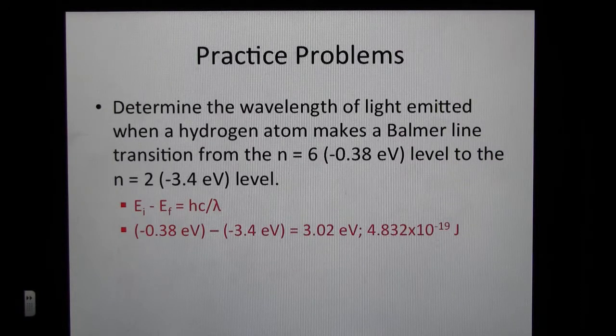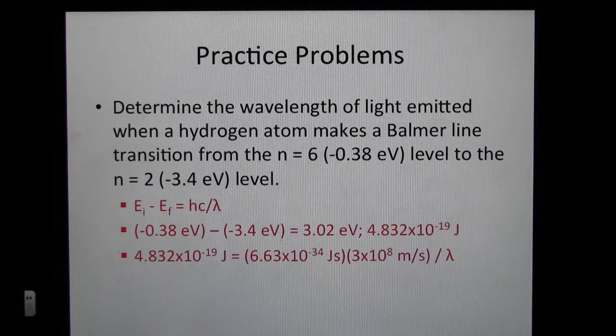But when we plug the energy level difference into the Planck's quantum hypothesis equation, we have to have the energy in joules. So we need to convert the 3.02 electron volts into joules by multiplying by 1.6 times 10 to the minus 19. We find the energy difference in joules to be 4.832 times 10 to the minus 19.